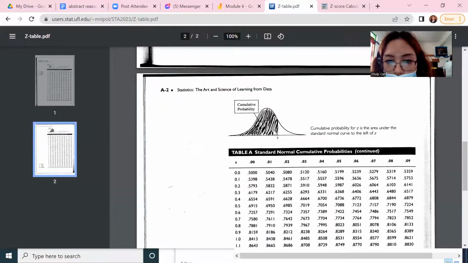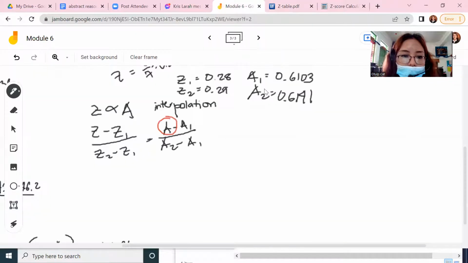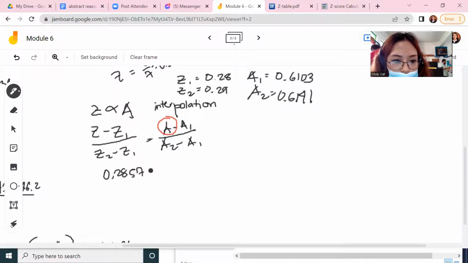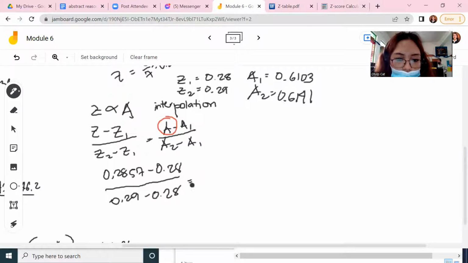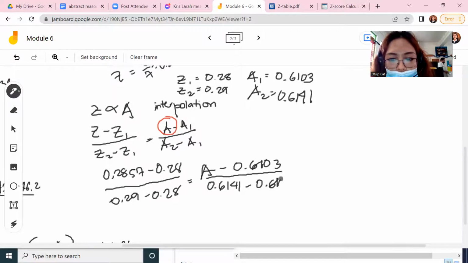This area pertains to this area. So z is 0.2857 minus 0.28 over 0.29 minus 0.28 equals A minus 0.6103 over 0.6141 minus 0.6103.